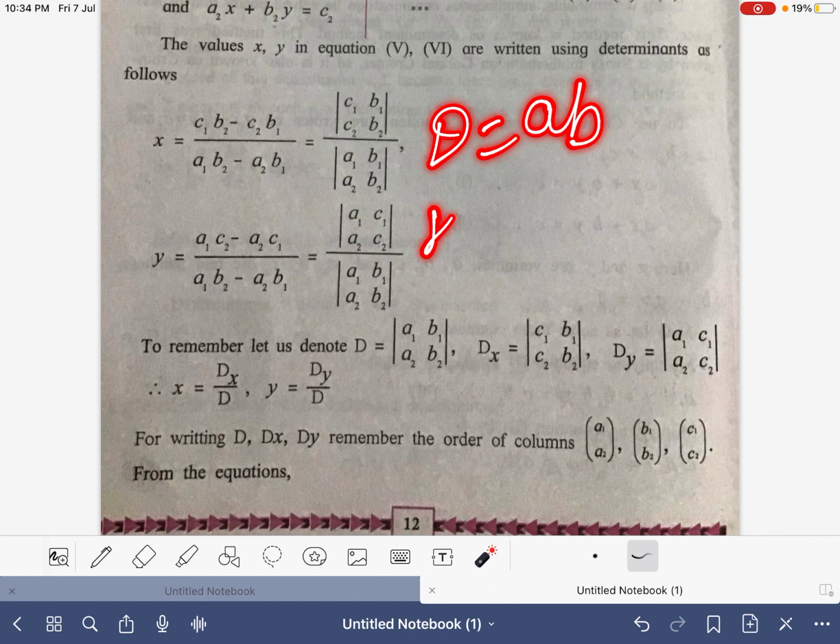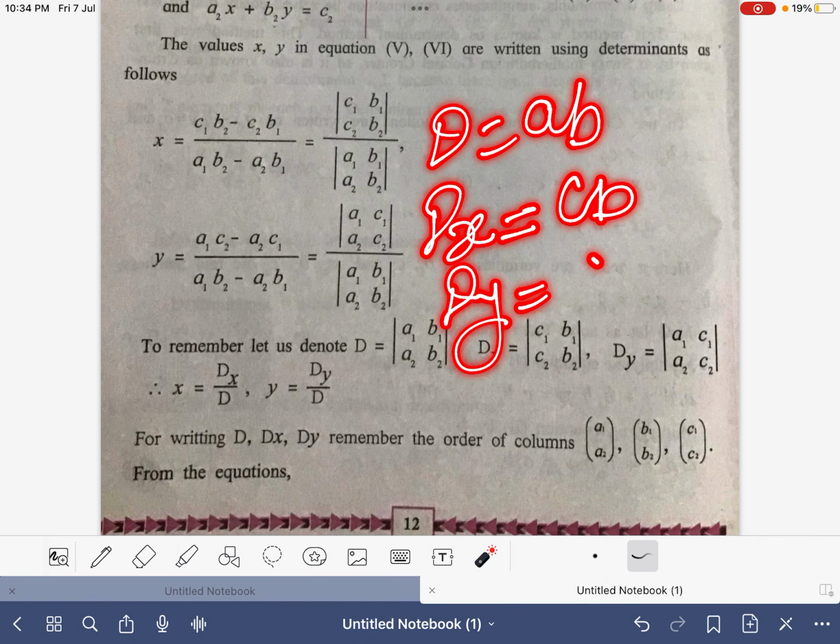Okay, next one, dx. dx is equal to cb, and dy is equal to ac. So we have to keep in mind: d is equal to ab, dx is equal to cb, and dy is equal to ac.